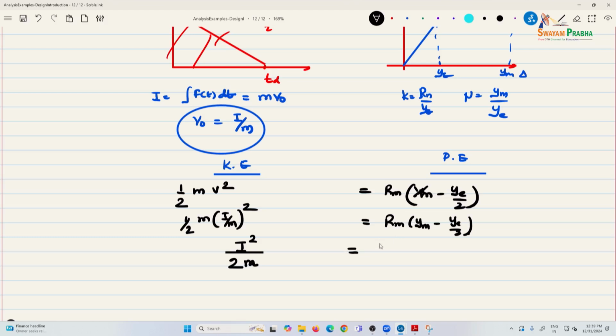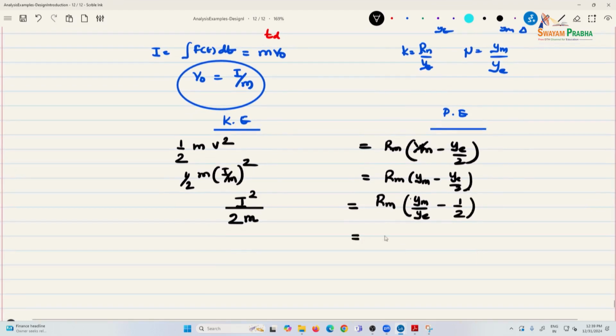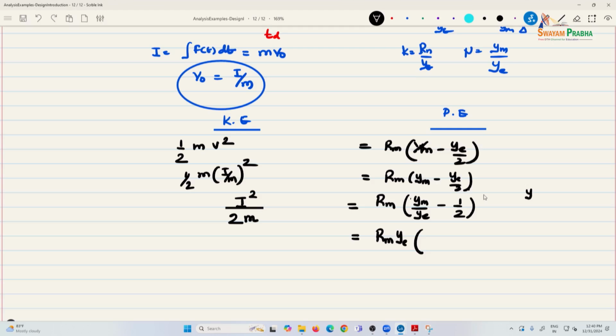here we'll do a couple of manipulations. So we will say this is, let us say, ym by ye minus 1 over 2, just like what we did. Then I will take ye out. Wait, let me make sure what I am doing. No, I have to take ye out.